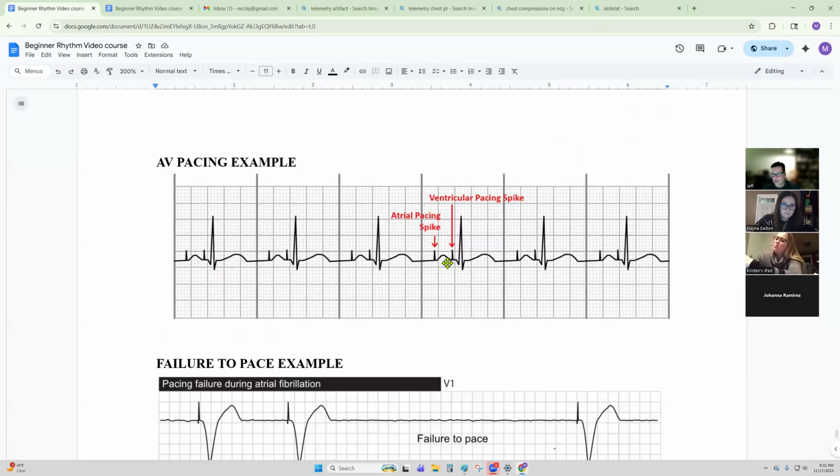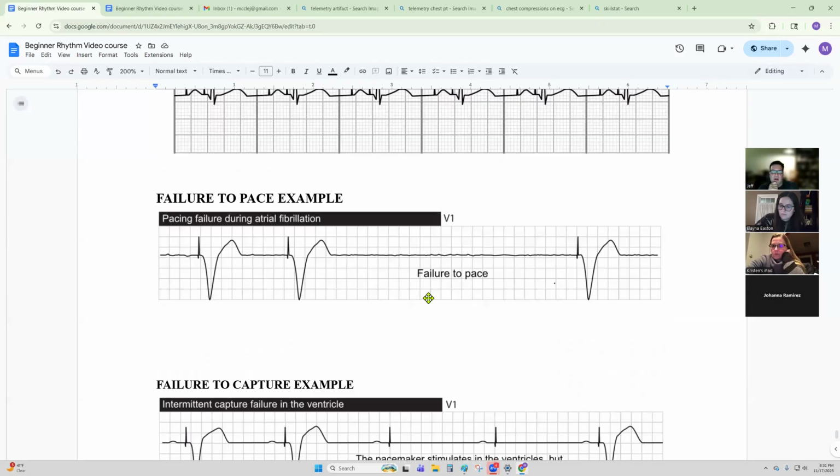Sometimes people need more pacer help. Sometimes people need less pacer help. So don't be surprised if you see it's all over the place. It's doing its job as long as the heart rate doesn't go too slow or too fast.